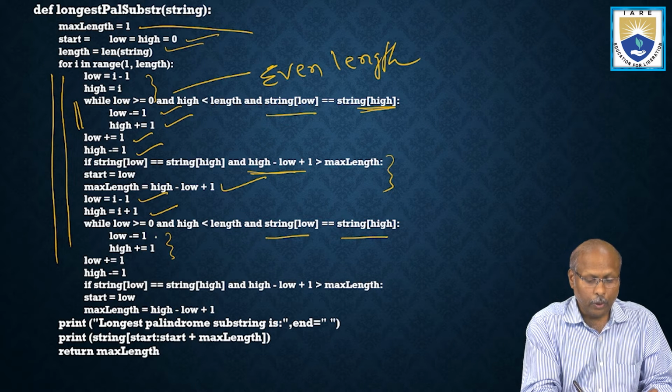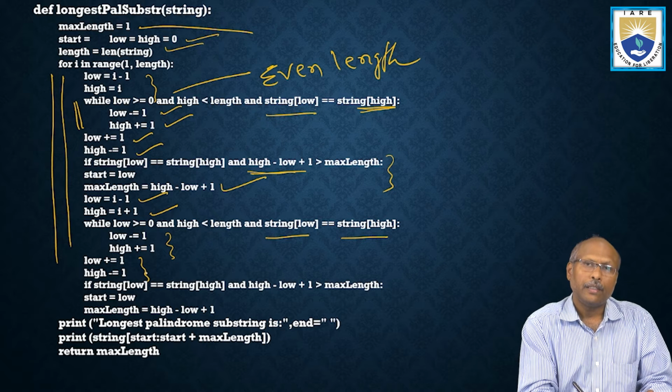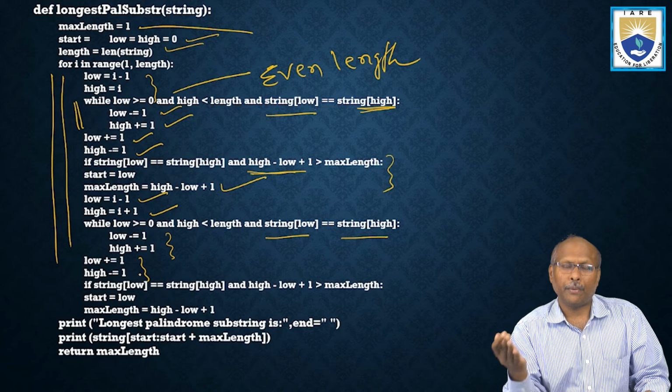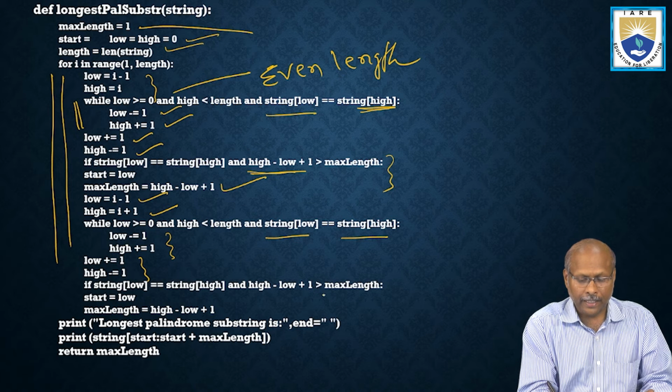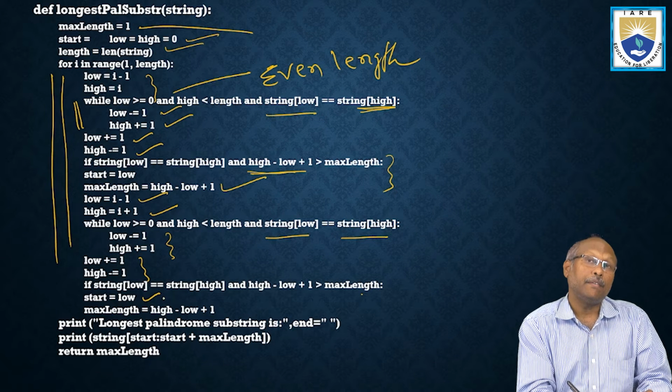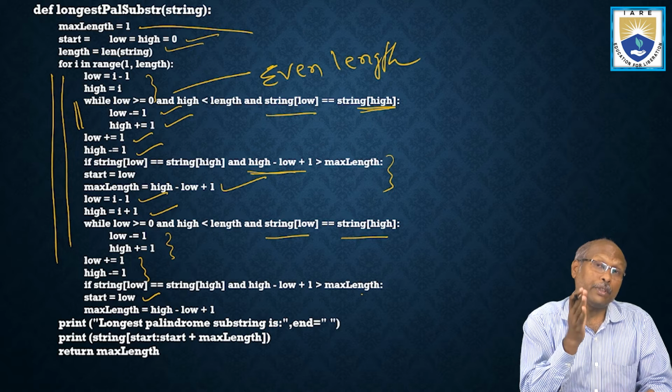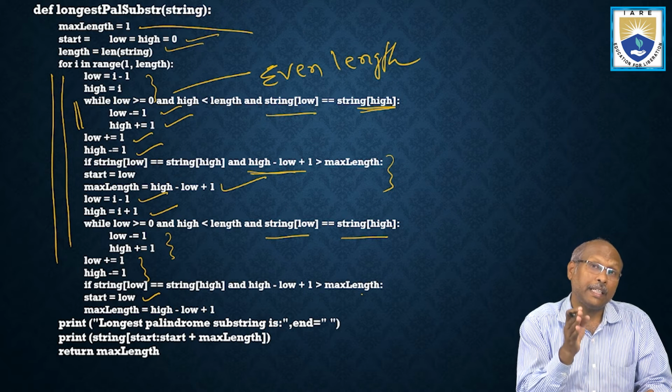And when this loop is failing, it comes here and puts low one step forward and high one step backward. And here also I am finding whether the length is more or not. If the length is more, I am updating where exactly the starting position is, because every time I should know the starting position of the palindrome.